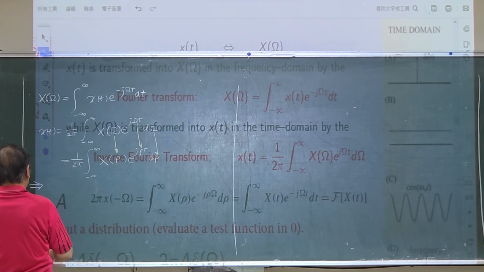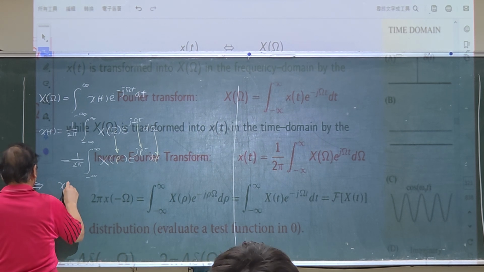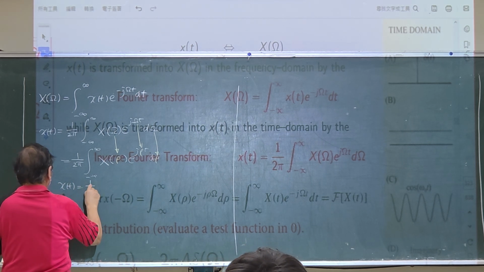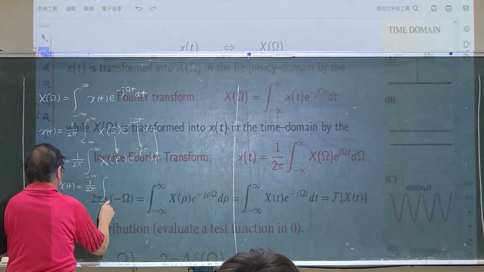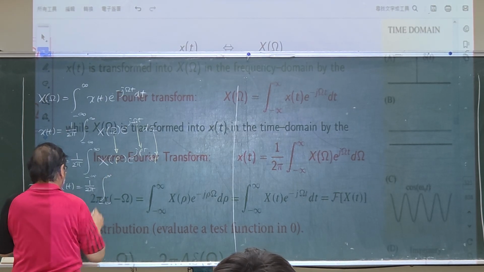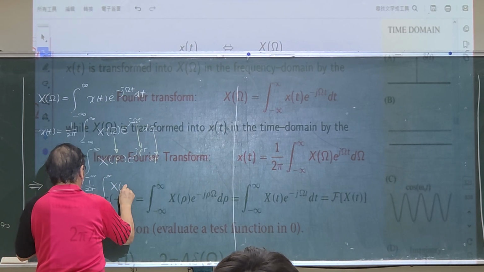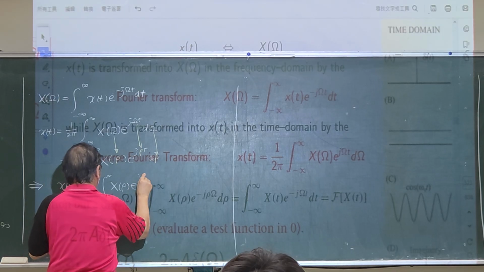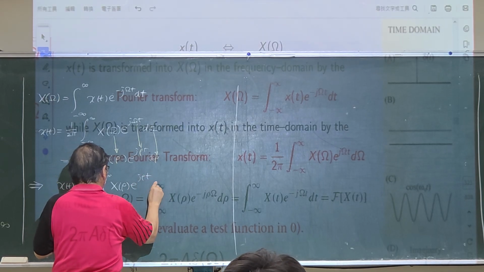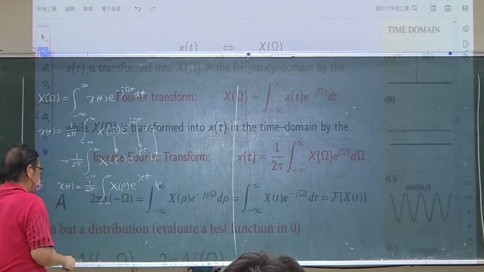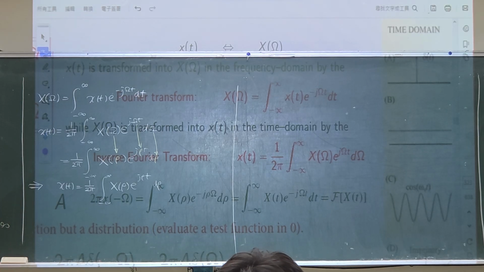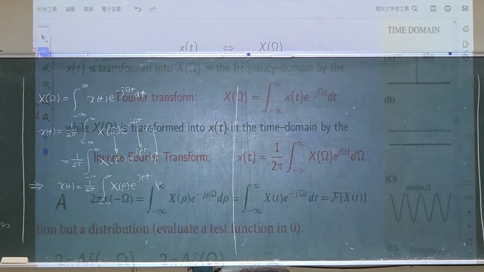Okay, so let me duplicate it here. So this makes x of t is 1 over 2 pi integral from negative infinity to infinity X of rho e to the j rho t d rho. Okay?